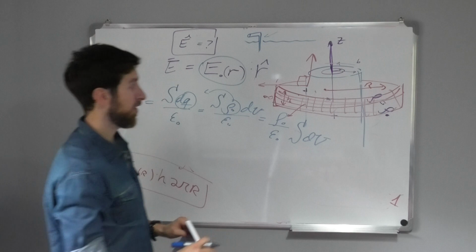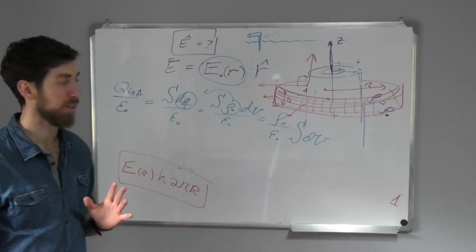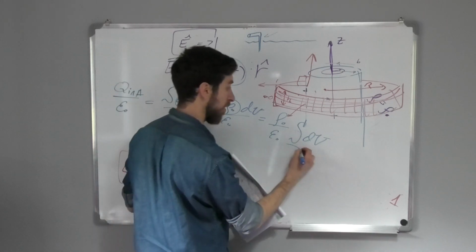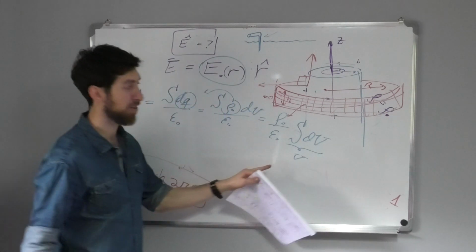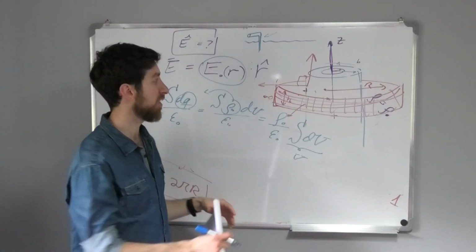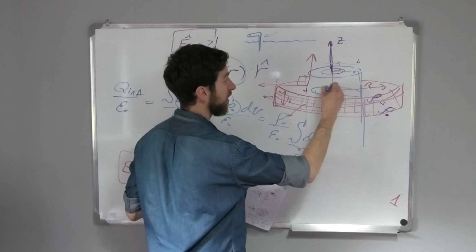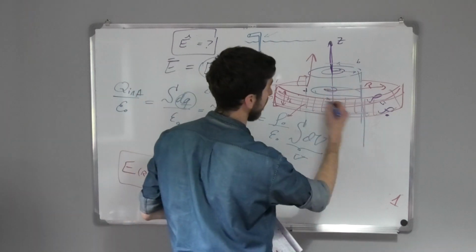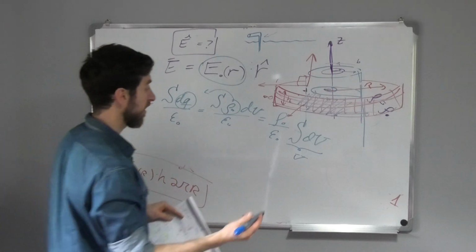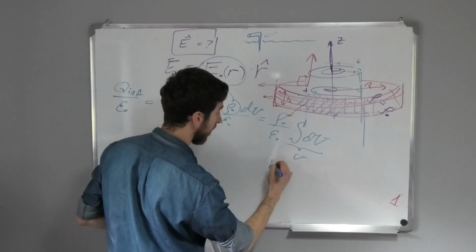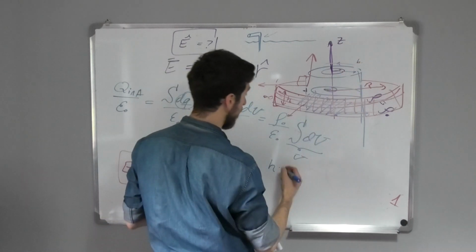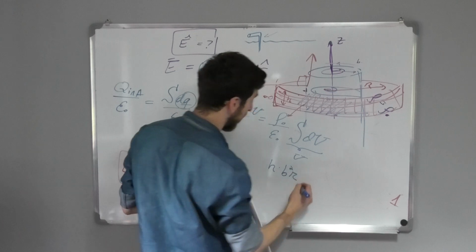And now I want you to think about something. If we sum all the dV, what is this actually? The volume of the cylinder, right? Not my Gaussian cylinder, but the cylinder of charge that is trapped inside of this. This is the volume. So what's the volume of the cylinder? The volume is h multiplied by the base, b squared pi.